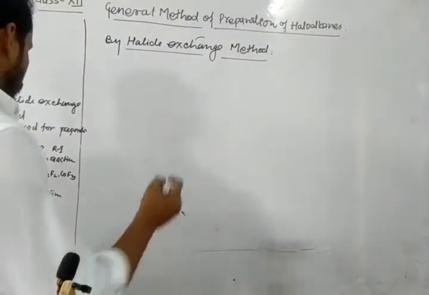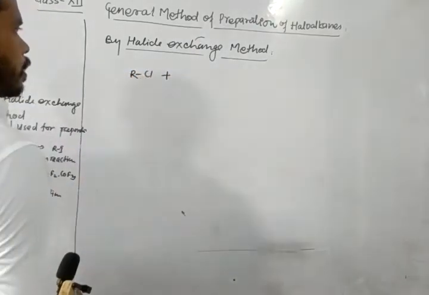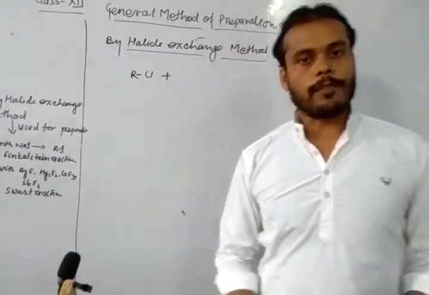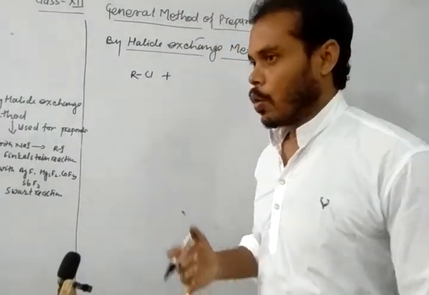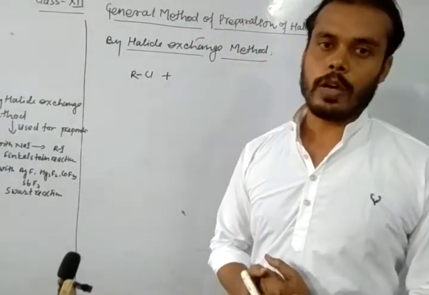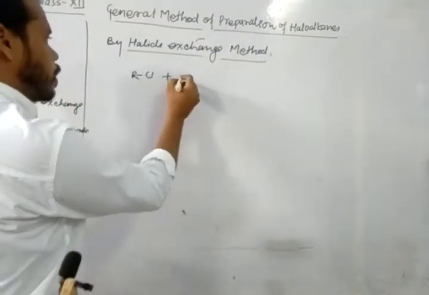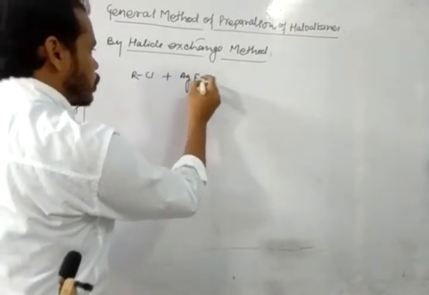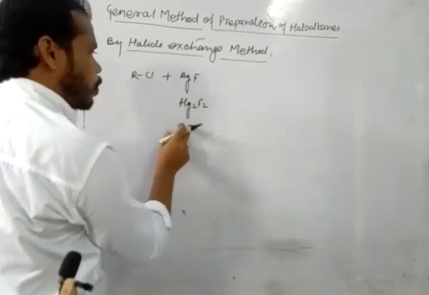When chloroalkane or bromoalkane is treated with silver fluoride, mercurous fluoride, cobalt trifluoride or antimony trifluoride, it forms fluoroalkanes.